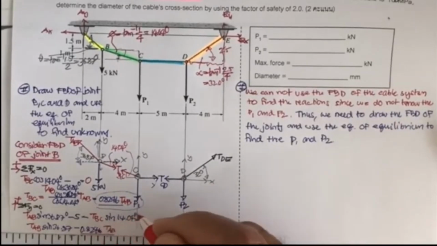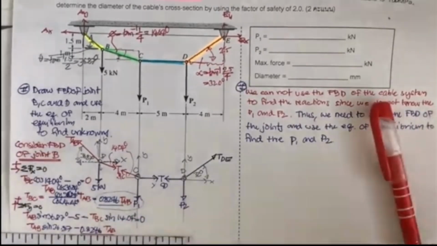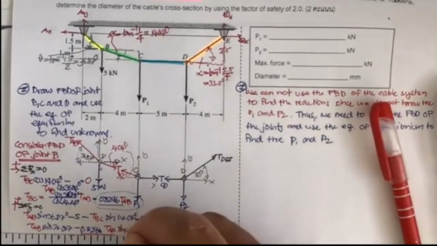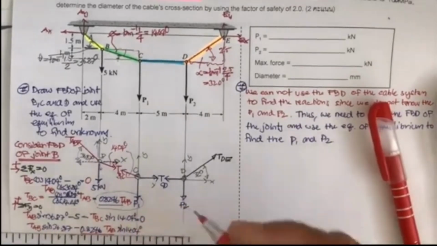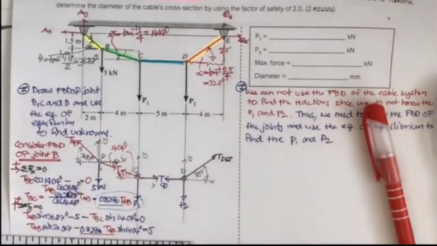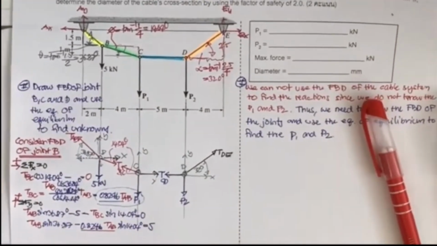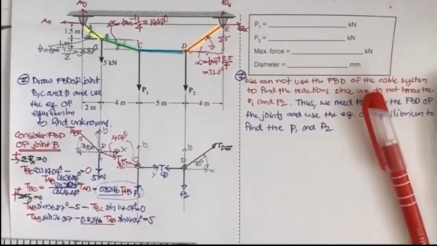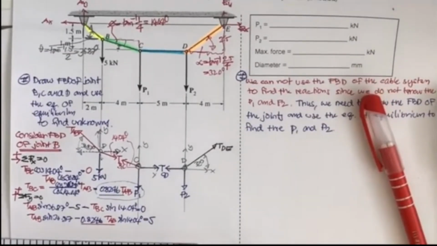This is going to be T sub BC, and then it's going to be sine 14.04 degrees, and then it's going to be equal to 5. And then you put this into your calculator, you will get the T sub AB.